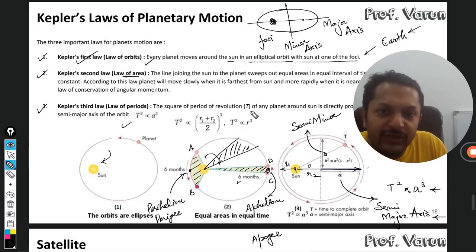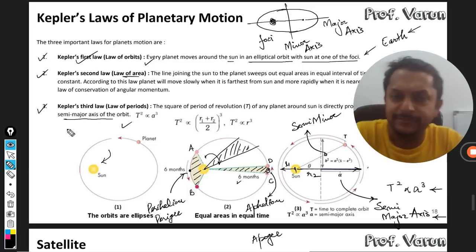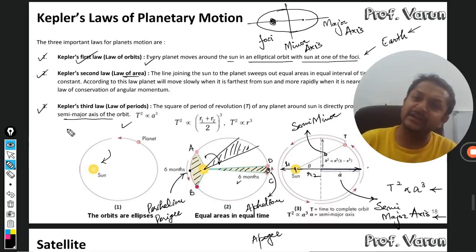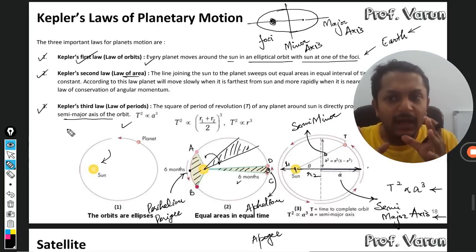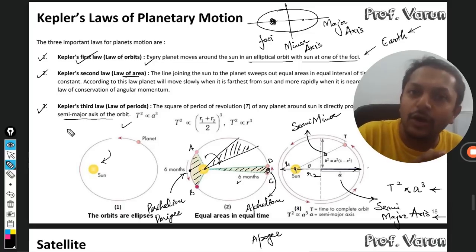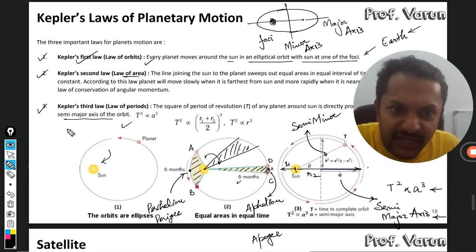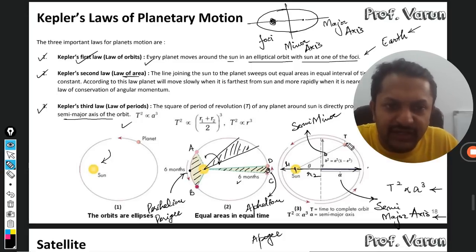The square of the period of the revolution is directly proportional to the cube of the semi-major axis of the orbit. I hope things are pretty clear. Now, this law is applicable on two different planets. Like there is one planet which is moving here, and there is another planet which is moving in this orbit.